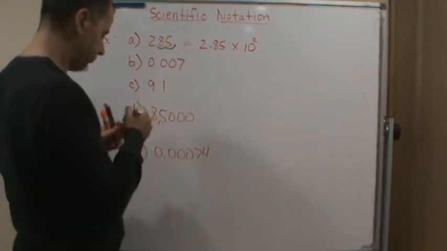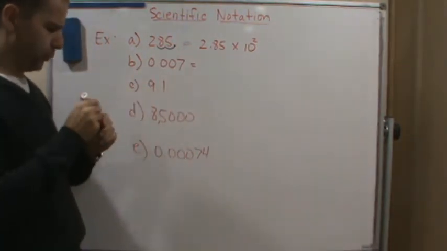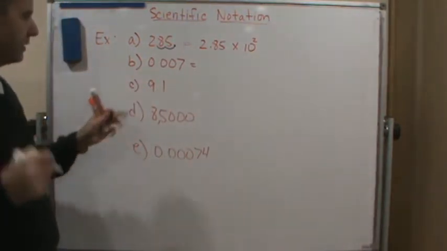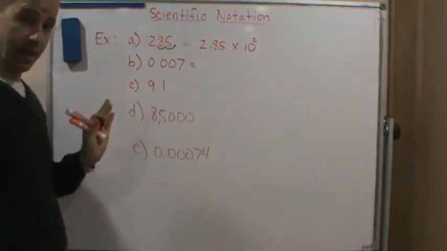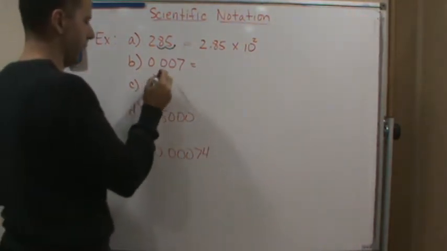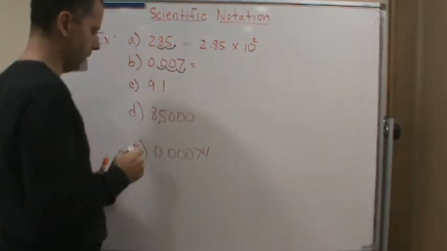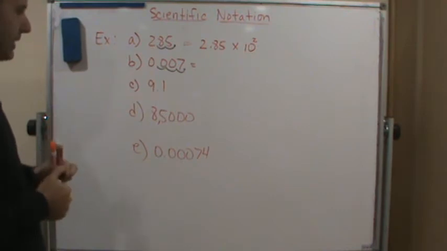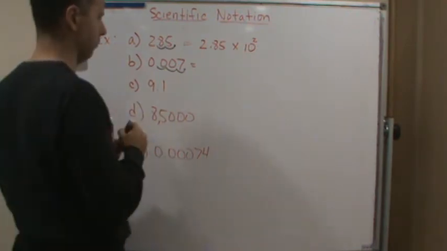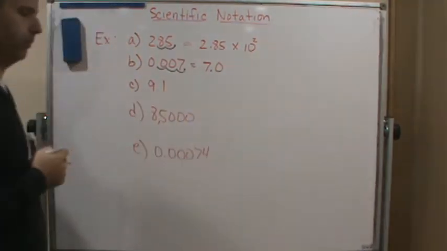Now, what about this one? Again, I'm going to move the decimal point, in this case to the right, until I get a number that's between 1 and 10. So I'm going to go 1, 2, 3. So now I get 7.0. Okay?